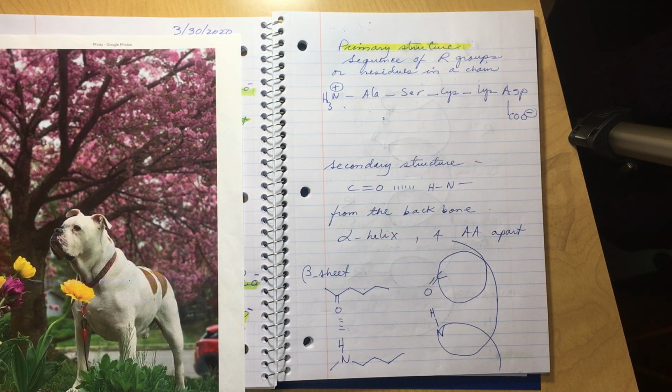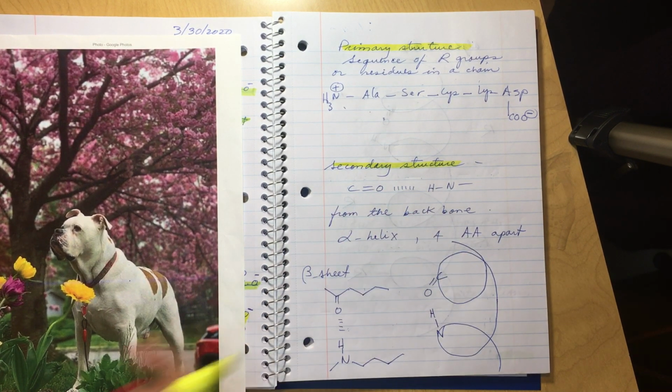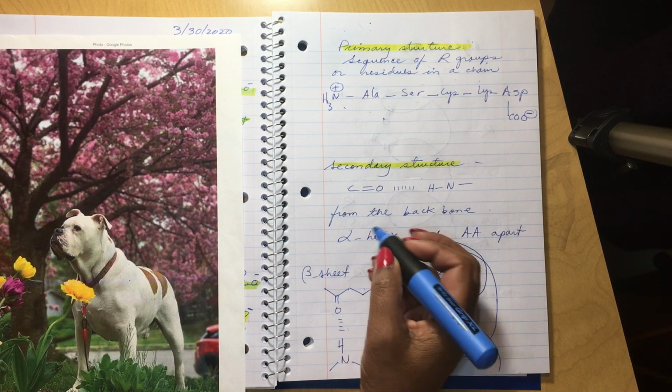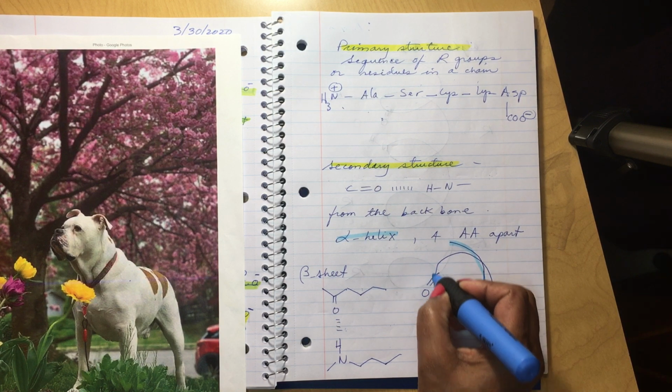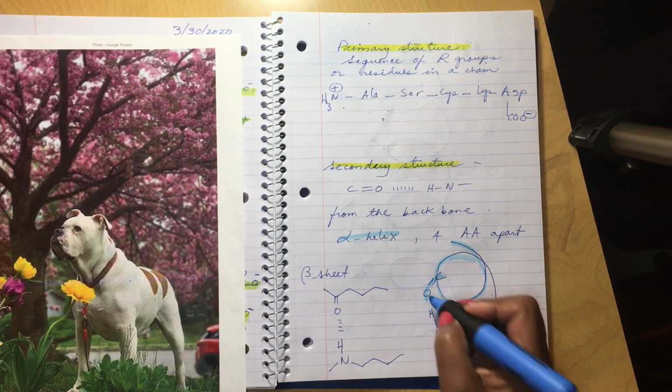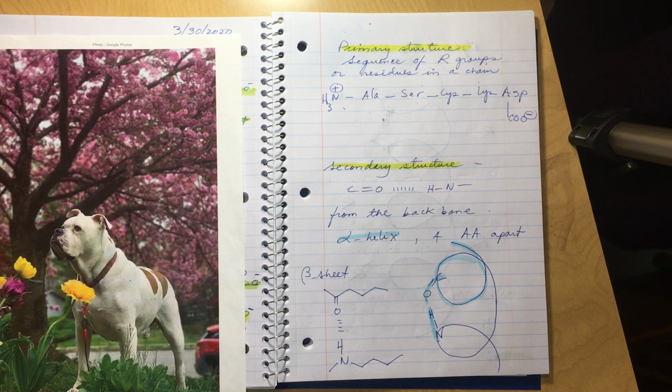The secondary structure will be how the carbonyl and the NH of the backbone are interacting, and that can bring us to two different types of secondary structure. One is called the alpha helix, which is the creation of a coil in which a carbonyl makes a hydrogen bond with the NH of the amino acid 4 positions apart.